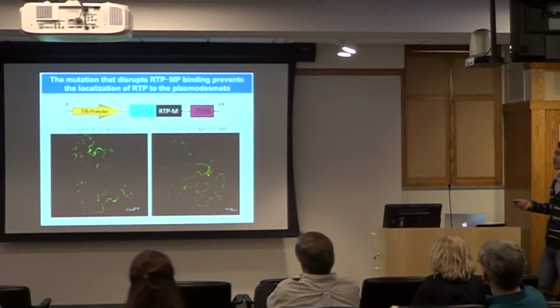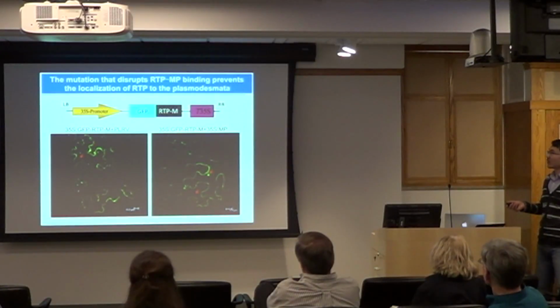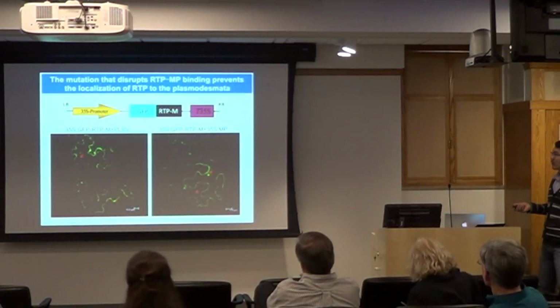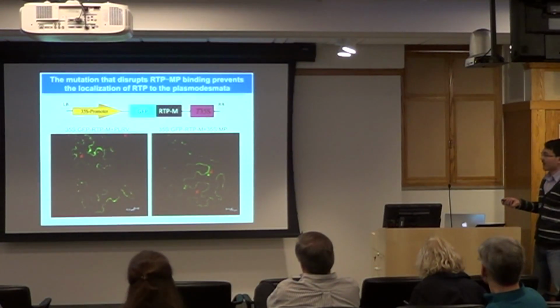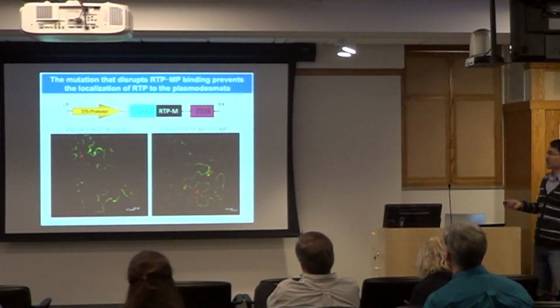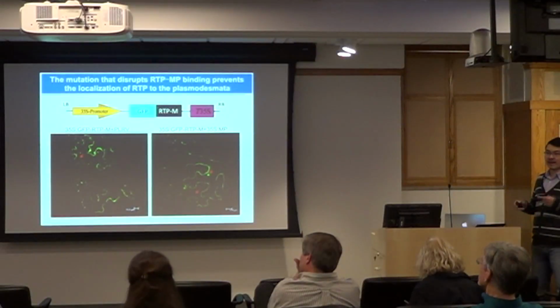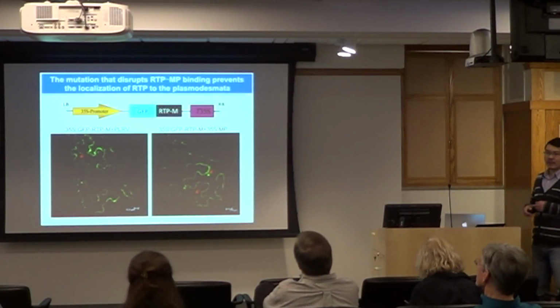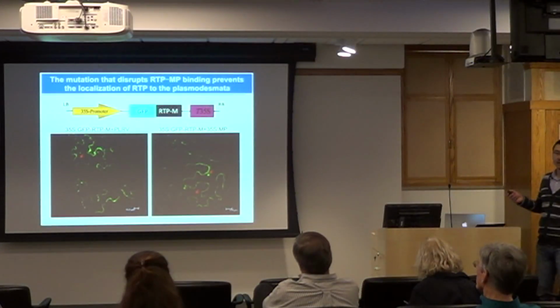We found that the mutation that disrupts RTP-MP binding prevents the localization of RTP to the plasmodesmata, both with virus infection and with MP alone. This result supports the idea that MP helps direct the RTP to the plasmodesmata through binding with this protein.